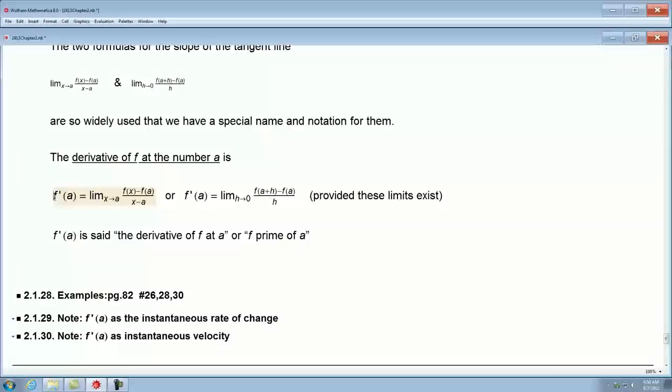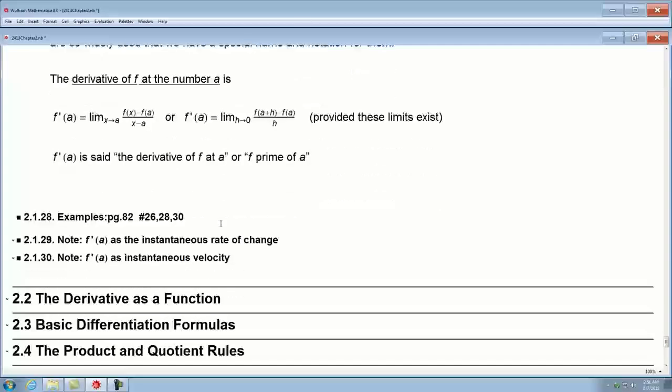We will use this notation right here: f prime of a is the way you say that. Or you say the derivative of f at a. Either way, f prime of a is equal to this limit, or since this limit and this limit give you the same thing, you could say f prime of a equals this limit.